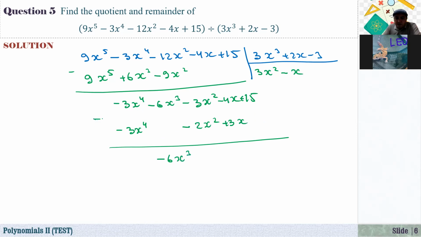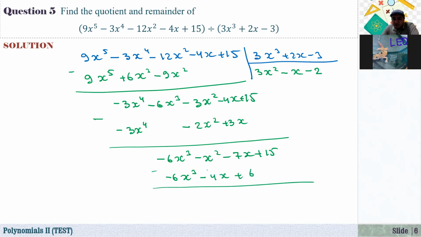Minus 3 minus 2x squared, that's just minus x squared, minus 4x minus 3x is minus 7x, plus 15. And minus 6x cubed divided by 3x cubed is minus 2. Minus 2 times 3 is minus 6x cubed, and minus 4x plus 6.